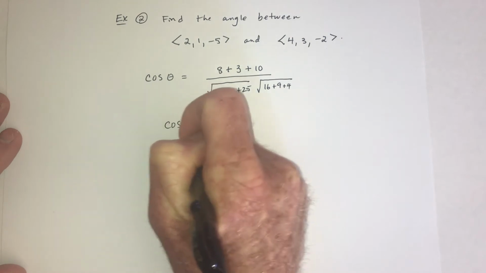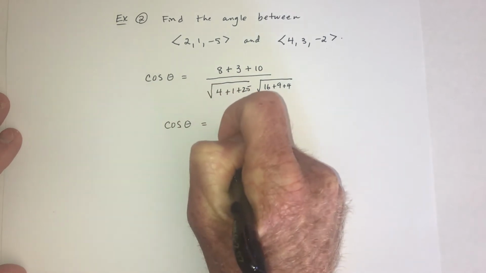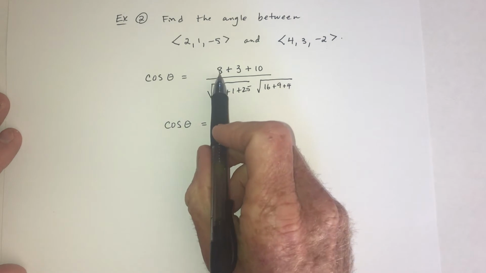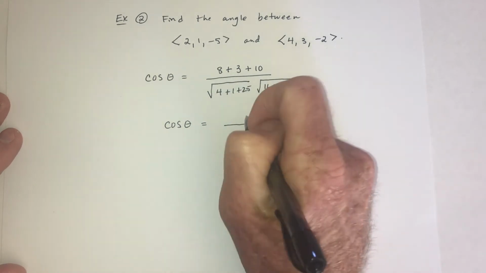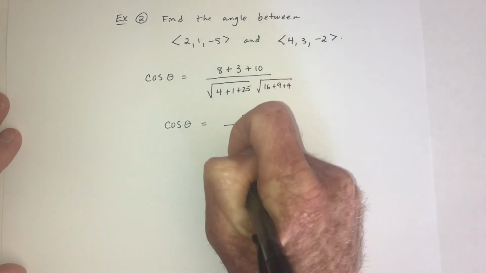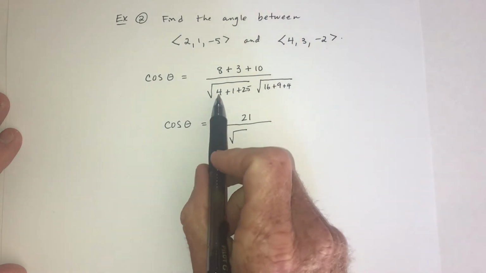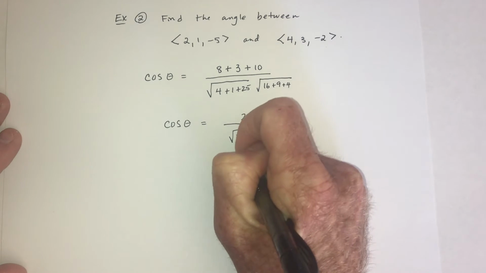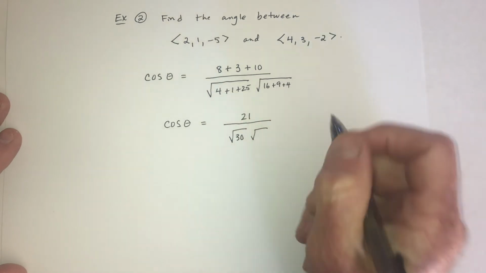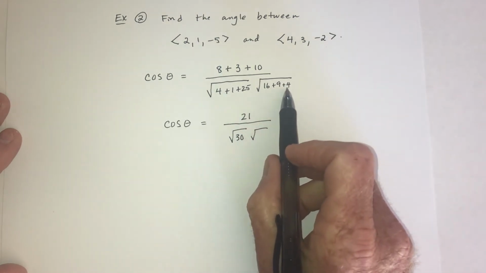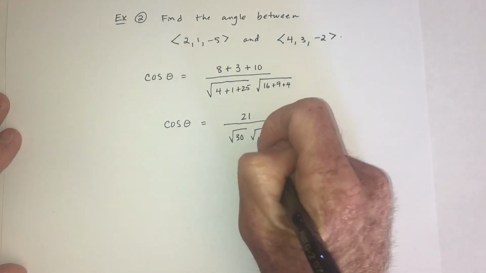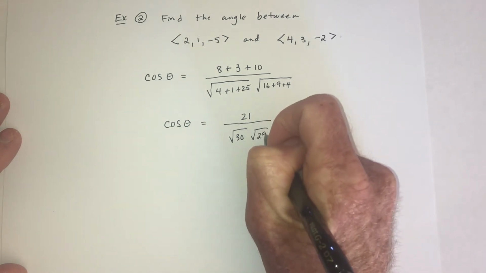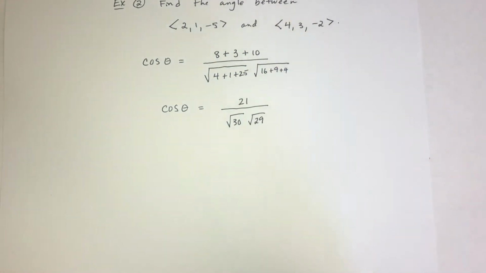Or in other words, cosine of theta is equal to, let's see, that would be 11 and 10 is 21. This would be a 5 with 25, the square root of 30. And this one would be 13 with 16. That's 29. And then do cosine inverse.